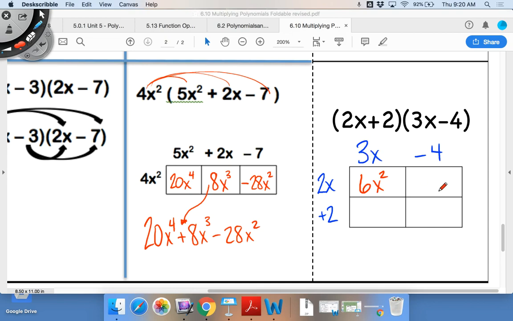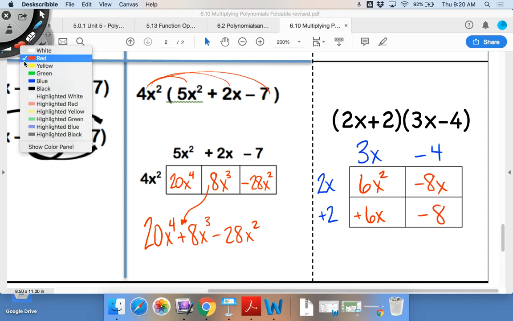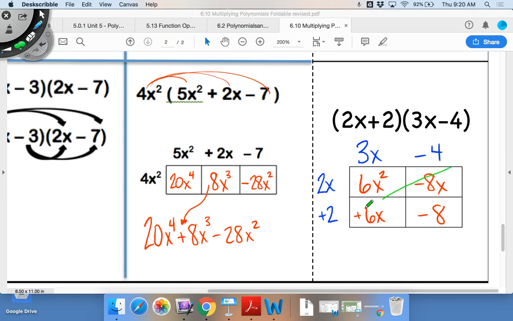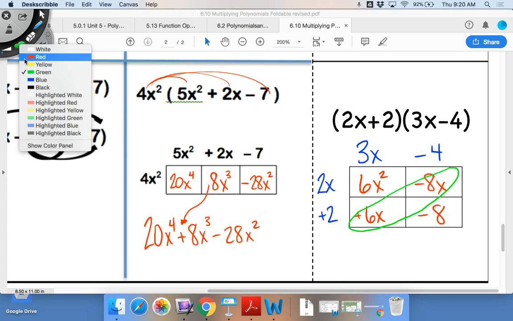You can actually go any order you want, as far as which box you multiply next. 3x times positive 2 is positive 6x. Negative 4 times 2x is negative 8x. Negative 4 times positive 2 is negative 8. Then we look for like terms, which typically the diagonals should be, not always, but typically.